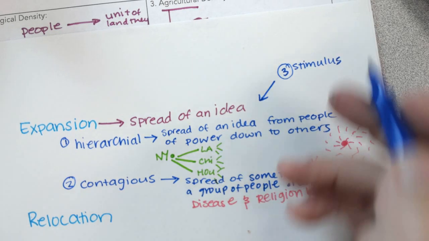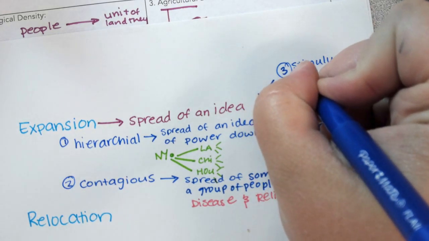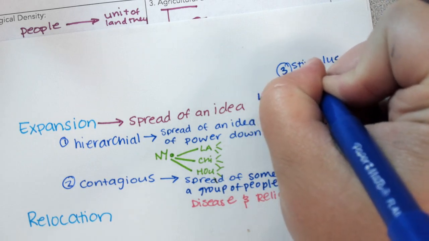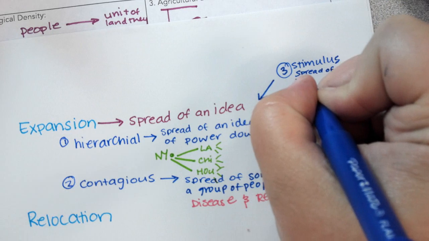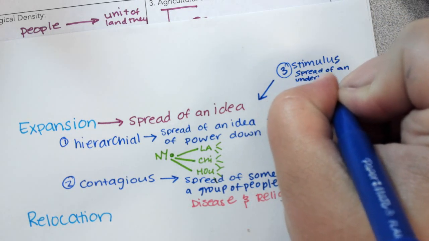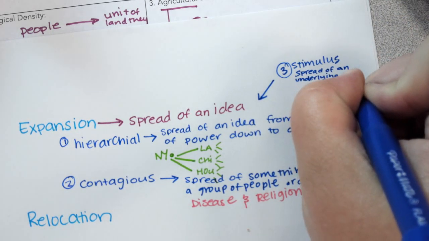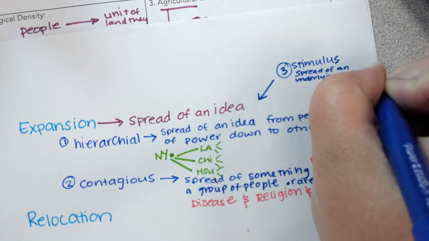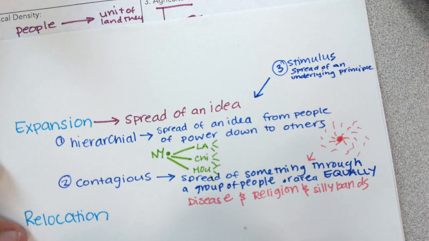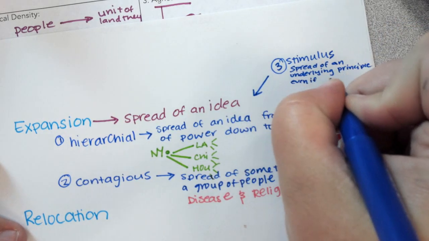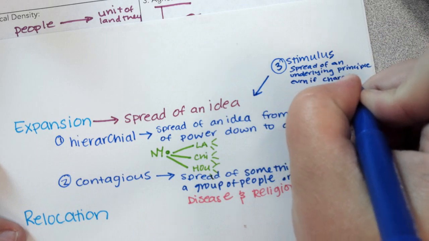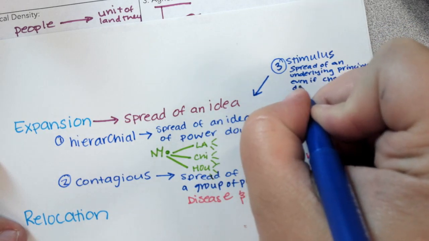So this is the spread of an underlying principle, even if the characteristic doesn't spread.